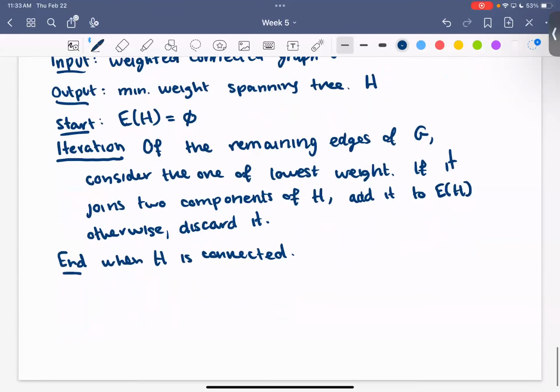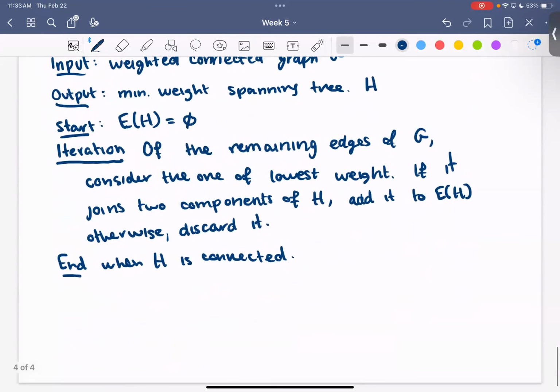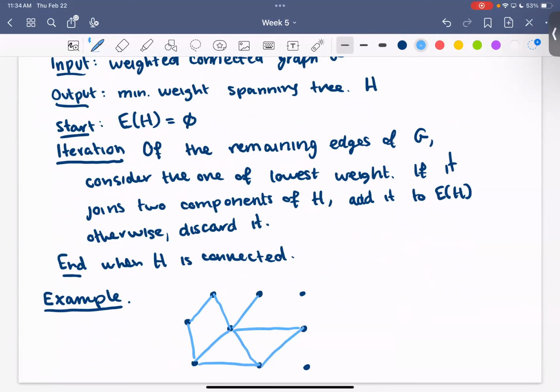I'll have you all work out an example. I'll just make up a graph. Okay, let's do this.